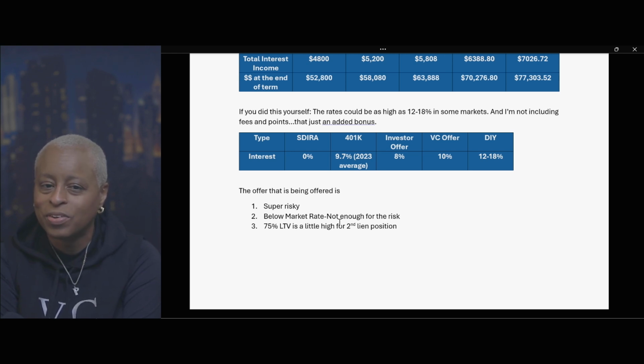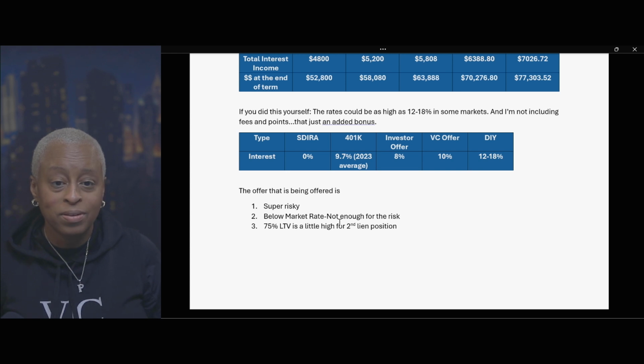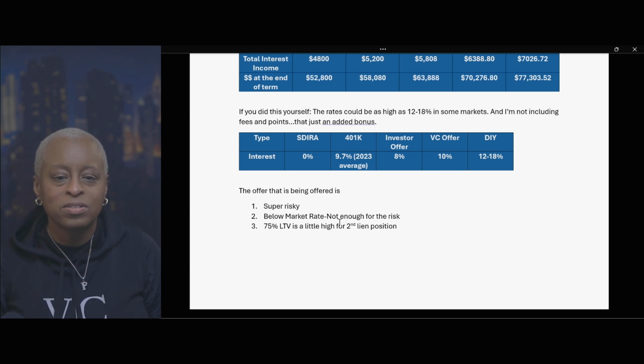So some of that can be eaten up in the 25%. 48,000 is a low number, but you still have to consider this is your retirement cost. This is money you've saved to retire. So it makes the risk a little bit higher, in my opinion, because now we're using funds that we worked so dearly to save for when we want to retire, right? So you've got to be careful.